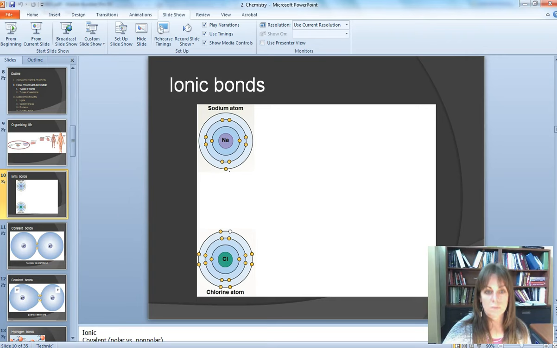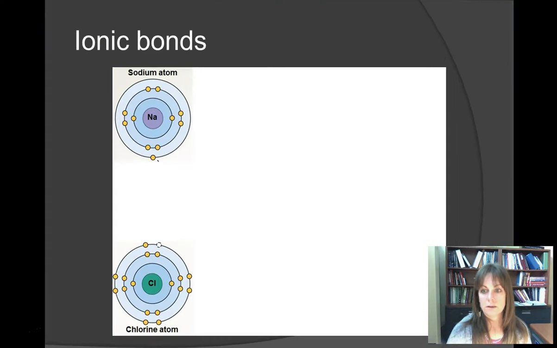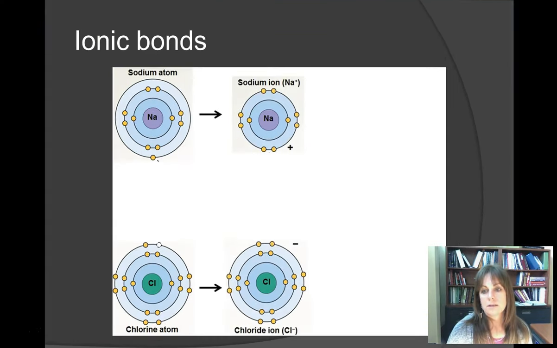One other point I want to make, looking at the chart, is that you could view this almost as if chlorine steals this electron from sodium. Sodium lost it, and chlorine gained one. Where did it get it? Electrons don't come out of thin air. It stole it from sodium.